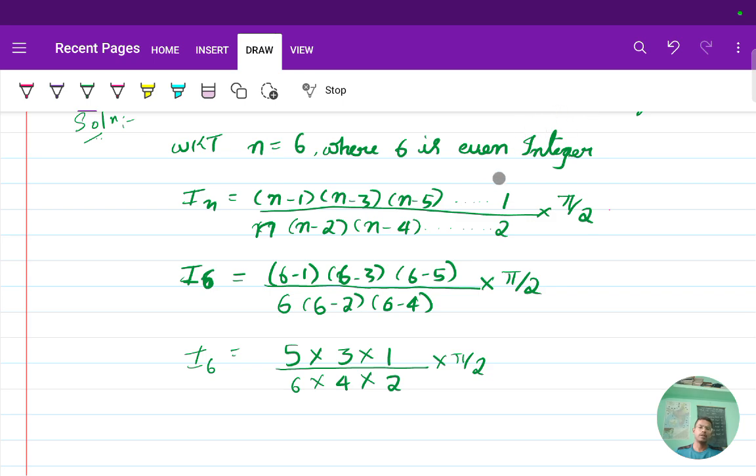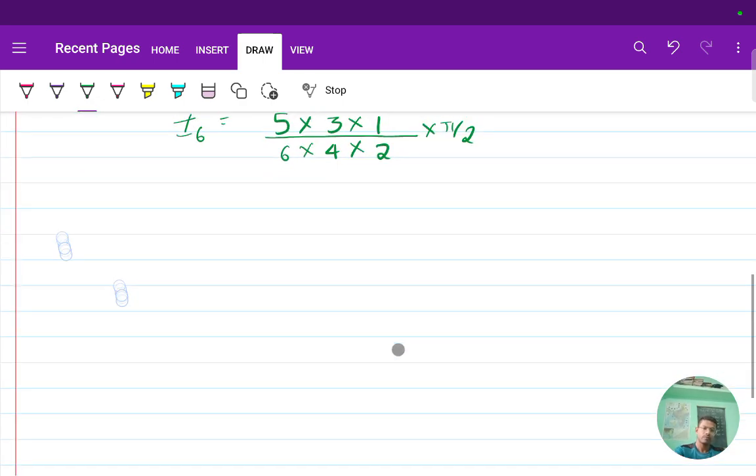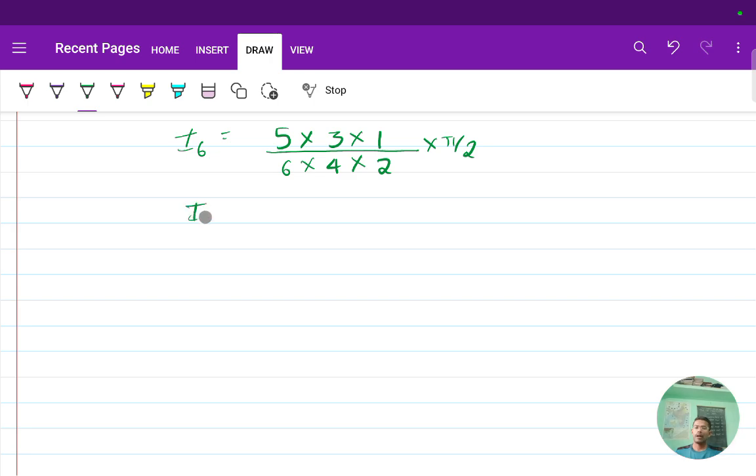Now I6 is equal to, let us multiply this. We can cancel: 3 ones are 3, 3 twos are 6. Then 5 pi divided by 4 twos are 8, 8 twos are 16, 16 twos are 32. So I6 equals 5 pi by 32. This is the required solution.